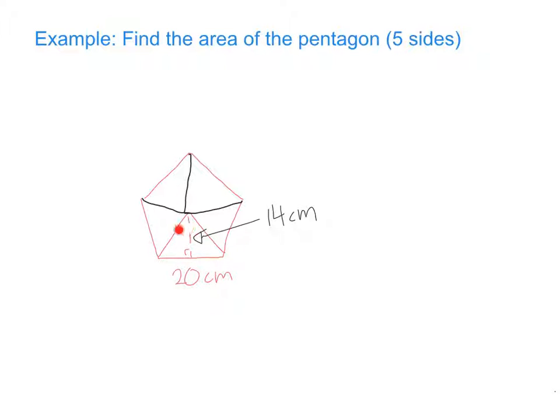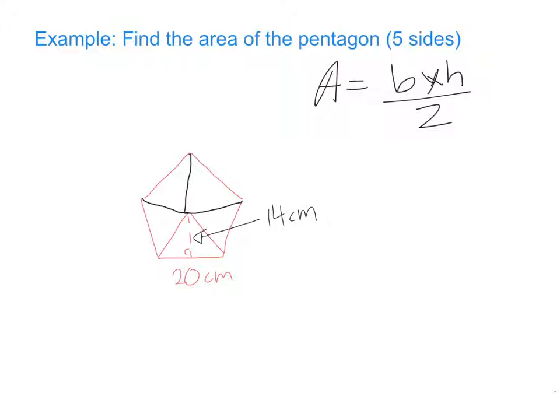So if we find the area of this triangle, and then multiply it by 5, it will give us the area of this whole shape. As long as you know the formula for a triangle, which is A equals base times height divided by 2, then I can solve to figure out this pentagon.